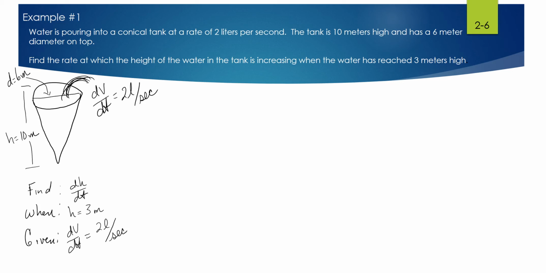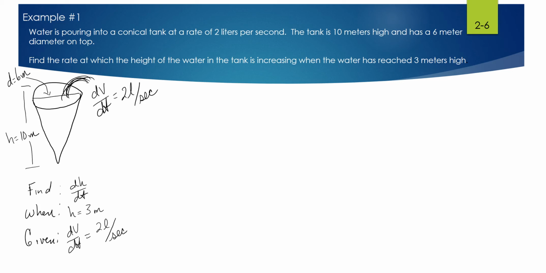Okay, just a few pieces of information about what I was given. The fact that water is pouring in to the tank means the water is increasing, and therefore that's a positive event. So I was correct in putting positive 2 liters per second. I also know that because the water in the tank is increasing, my dh dt will also increase, and that's what they're asking me.